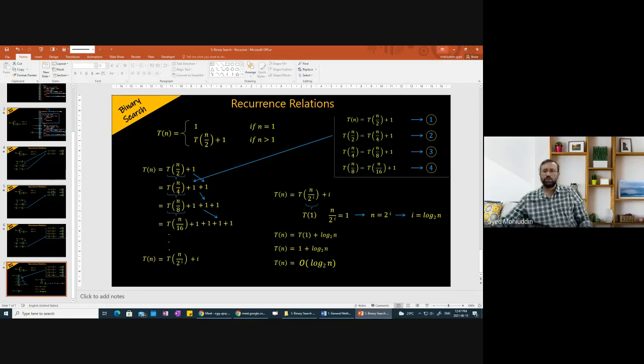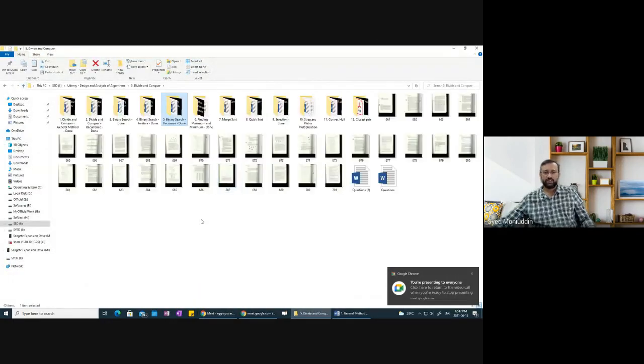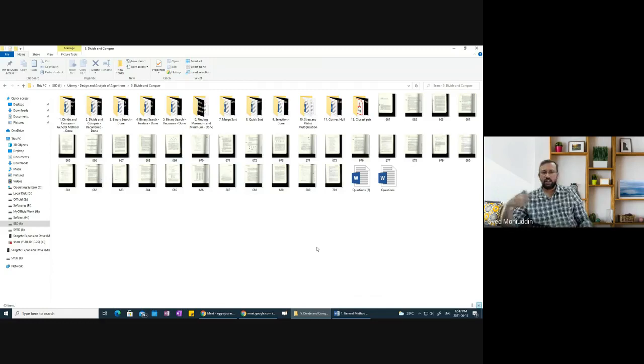Now, so this was all about binary search, its complexity, and how it works. For each recursive algorithm, we will compute its recurrence relation, then apply the substitution method to solve that recurrence relation and get the time complexity.